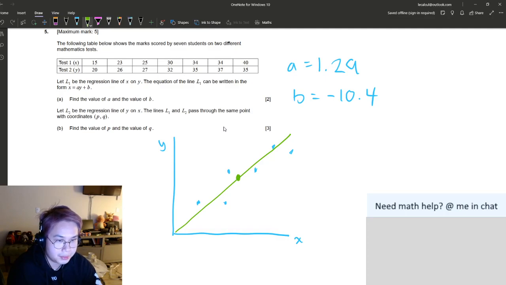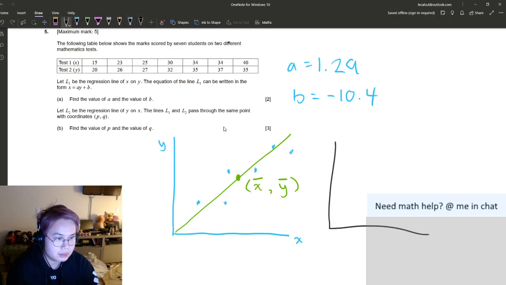They need to go through the mean of each value. And regardless of whether or not you regress on one variable or the other, this is always going to be true. So if you regress this way, it's going to look kind of similar.